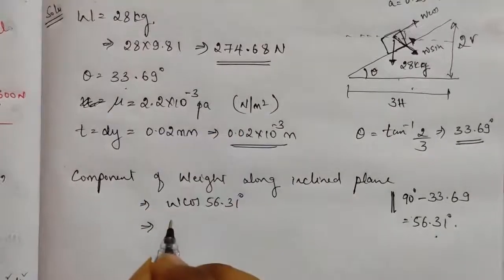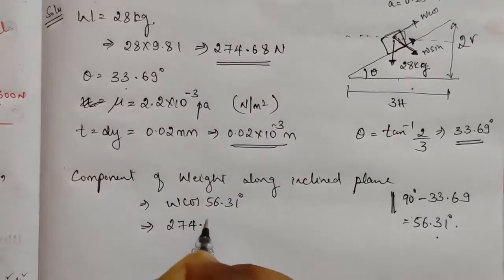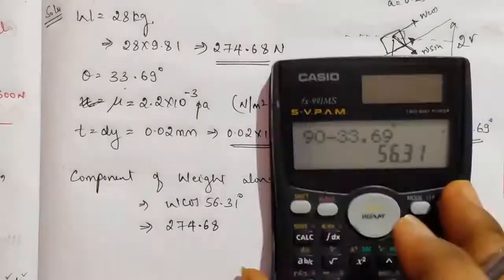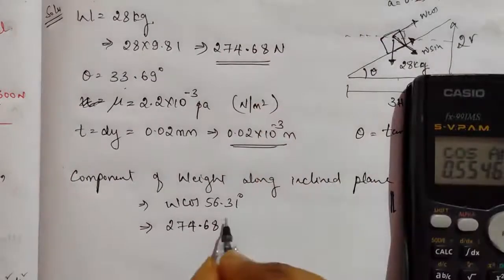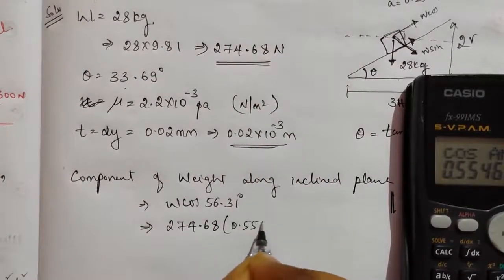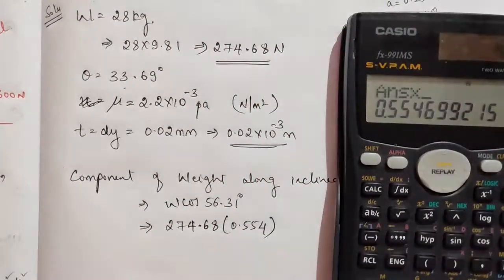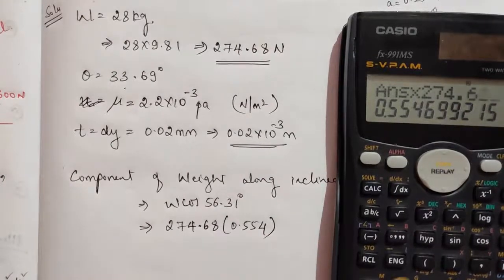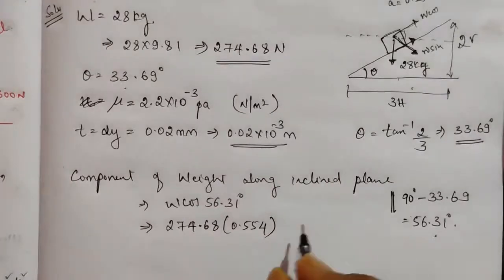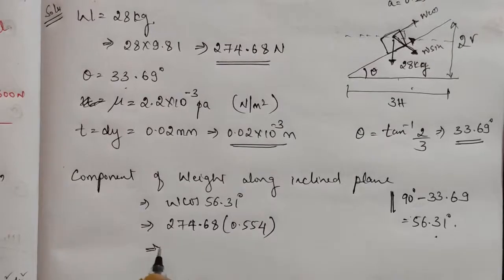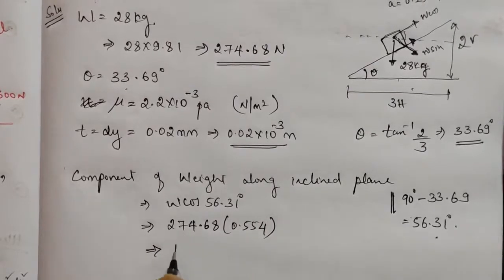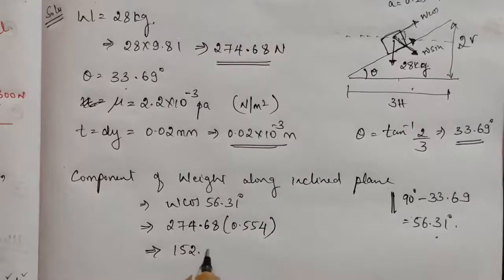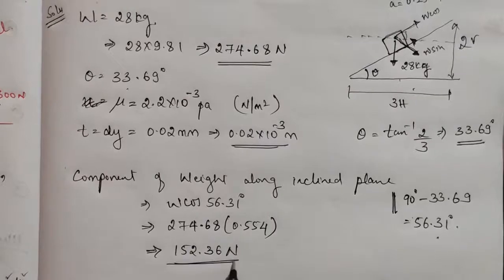What is this W? This W is 274.68. The cos of 56.31 is 0.554. When I multiply with 274.68, I get the force as 152.36 Newton.